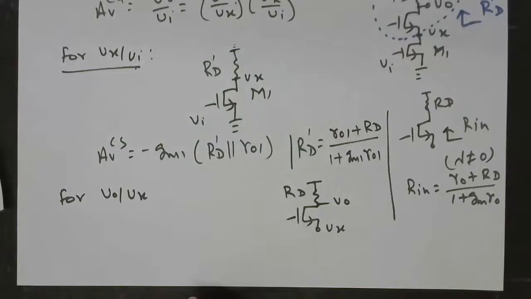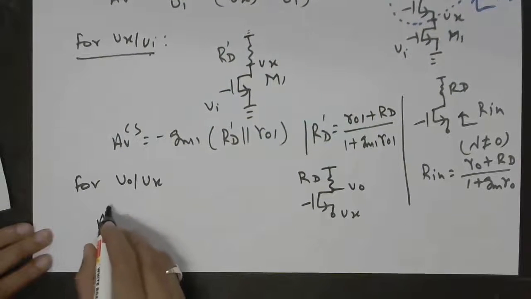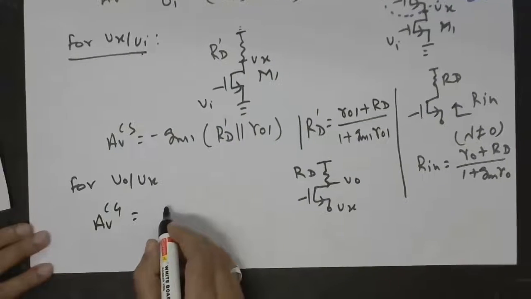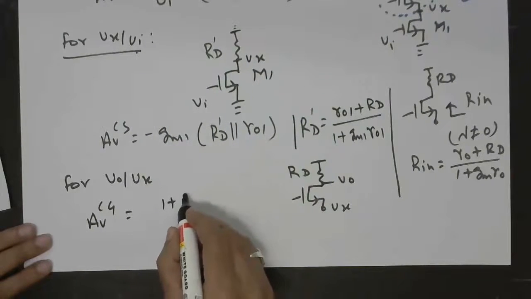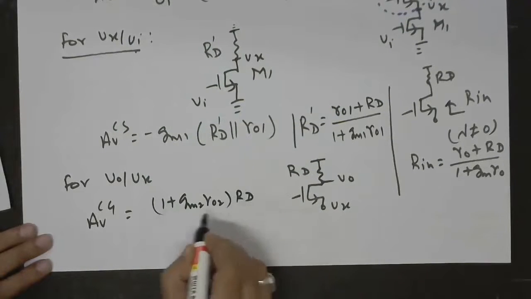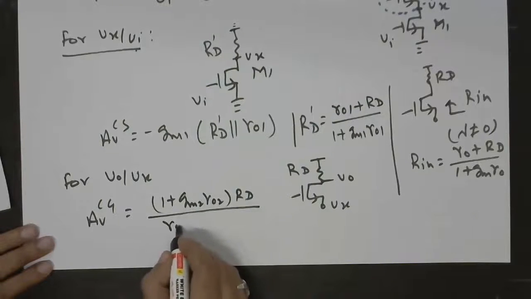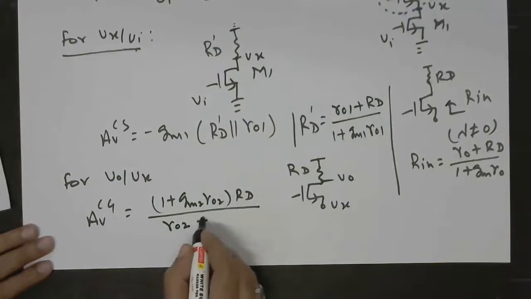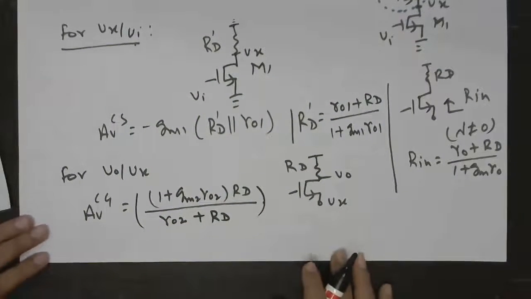The voltage gain AVCG is given by 1 plus Gm2 R02 into RD divided by R02 plus RD.